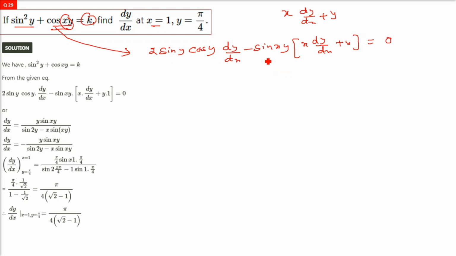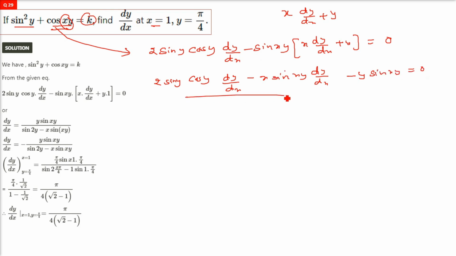Now let us combine this dy by dx together. So you have 2 sin y cos y dy by dx minus sin xy, x sin xy dy by dx, and then minus y sin xy, and this is going to be equal to 0. Now just combine this dy by dx and find the term 2 sin y cos y.